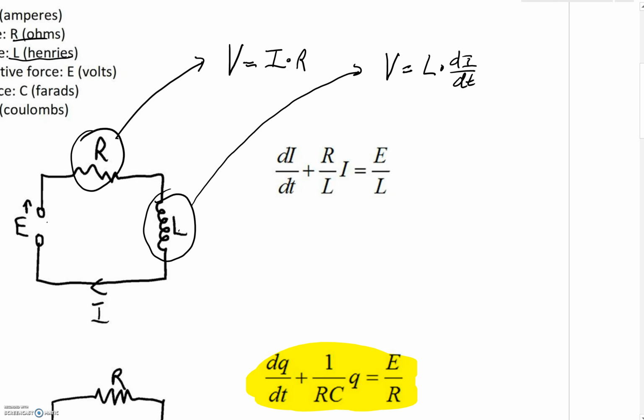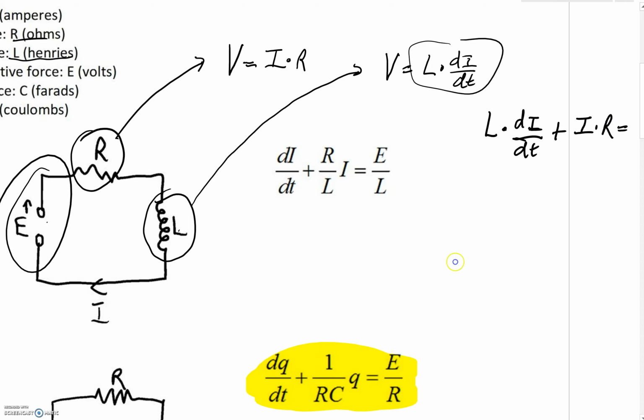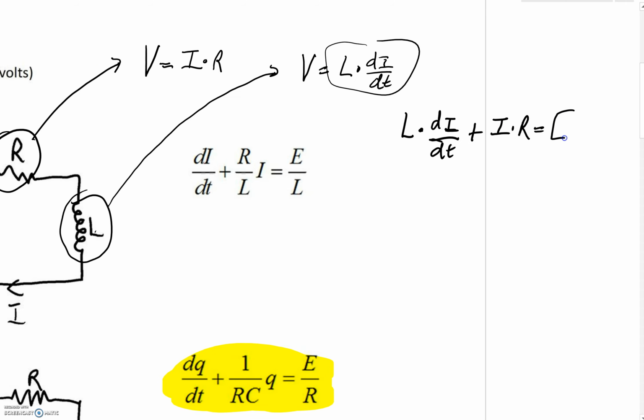Let's deal with these voltage drops. Here we'd have L times di dt. And there's another voltage drop from the resistor, plus I times R. That should equal the total voltage that we have, E.